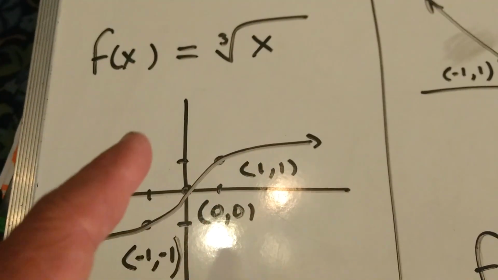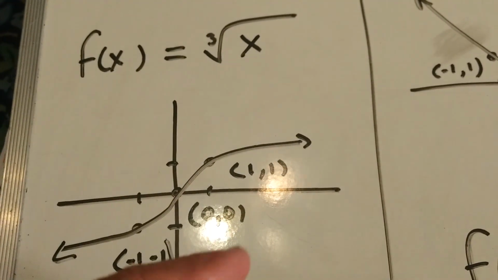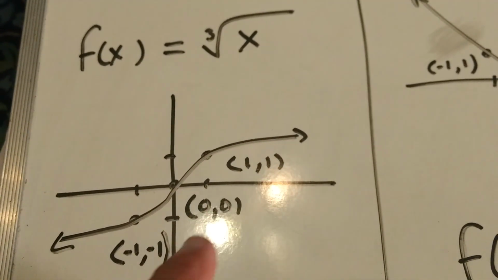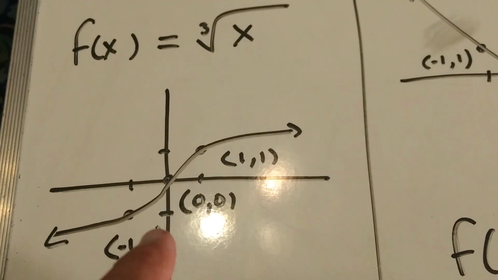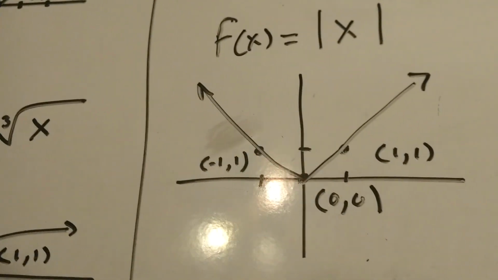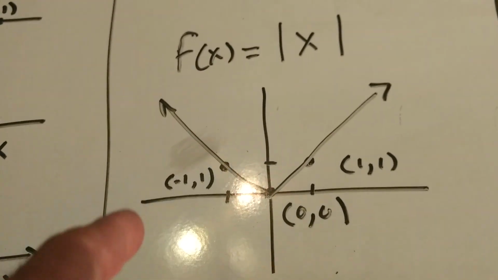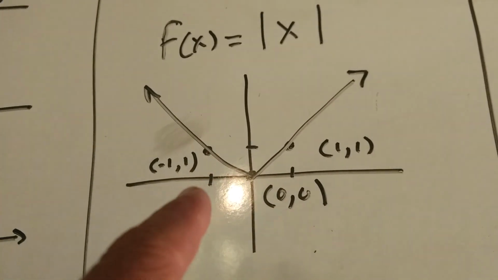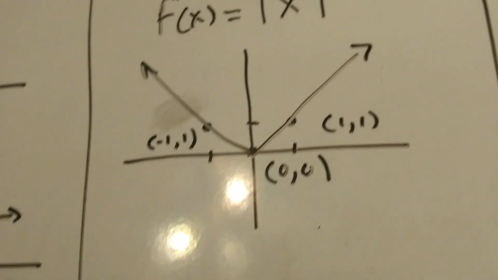Anytime a graph flips, just two flips basically, and your x's change sign, and so do your y's, that means it's an odd function. In terms of the absolute value function, this is even because we only have a flip over. Here, the x's change, but the y's do not.